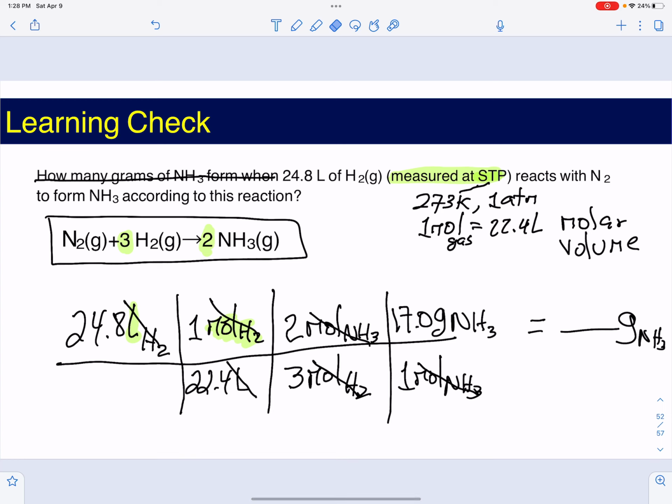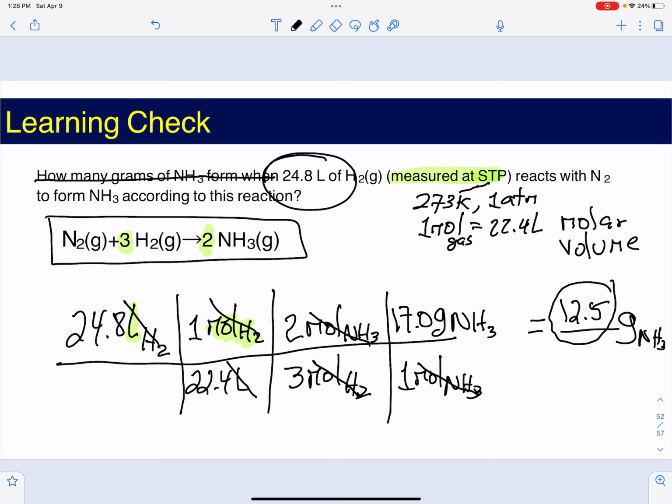And we get 12.5 grams of ammonia. So if you want to be able to consume a total of 28.8 liters of hydrogen gas at a standard temperature and pressure or STP conditions, you're going to need a total of 12.5 grams of ammonia. And that's how we solve that problem.